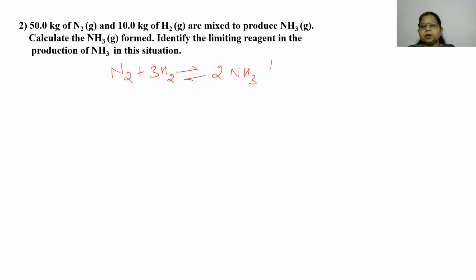If you want to know the atomic mass of nitrogen, I can tell you it is 14. Atomic mass of nitrogen is 14. Hydrogen, you know it is 1.